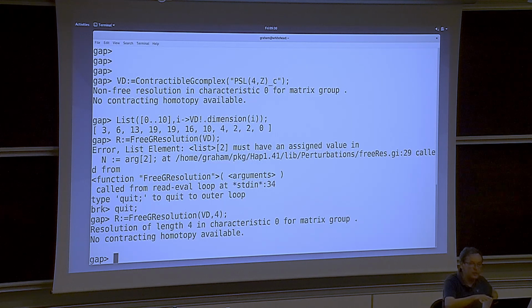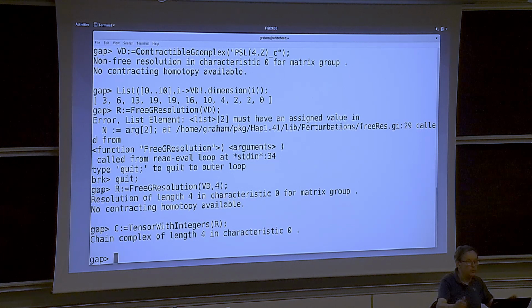If you implement it just as a functor, you can apply it. So let me tensor with the integers just to do something simple. This free resolution, but you can do other things, and that produces now a chain complex.